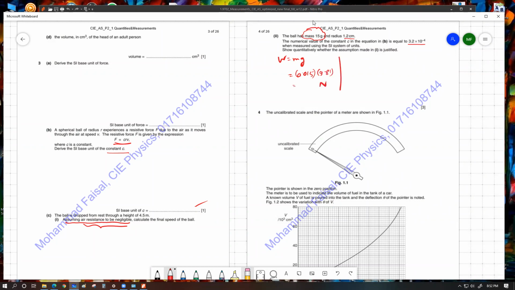The second expression is going to be for the value of c. So it's for the measurement of the air resistance. So if you use that equation for the air resistance, this is going to be CRV. So this is 3.2 into 10 to the power minus 4. R radius should be given in SI units. So 1.2 centimeter should be written as 1.2 multiplied by 10 to the power minus 2 meter.